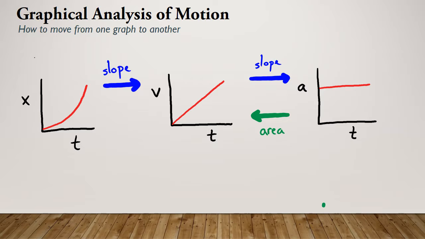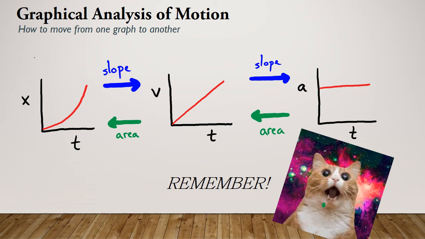So if I have an acceleration and I want to know how much something's velocity changed, I'll use the area of that acceleration graph. And if I have a velocity graph and I want to know how something's position changed, or its displacement, I would use the area of that velocity graph. So it's really important to remember this little pattern. Always, always remember.